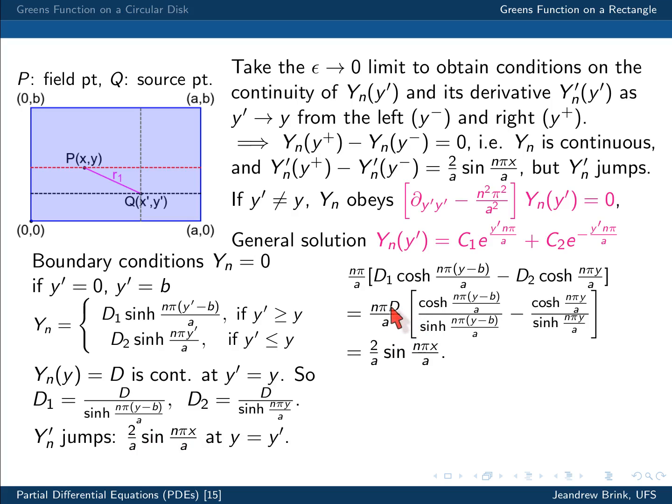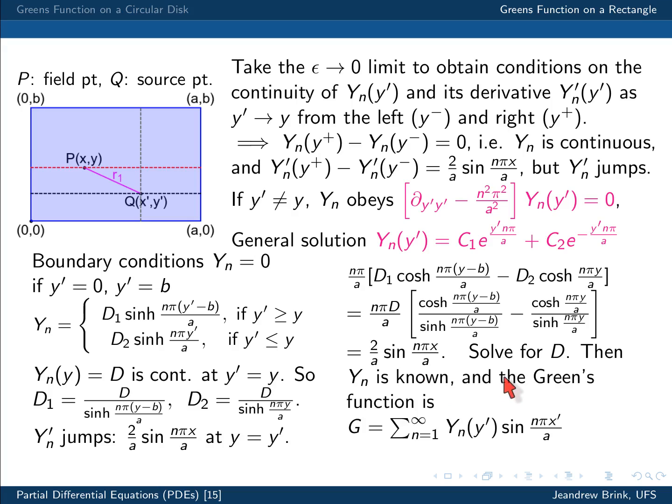I can substitute that d into this definition of d1 and d2, and that d1 and d2 I can then substitute in there, and I have a closed form expression for yn that enters into the expansion. So our yn is explicitly known with no free functions.